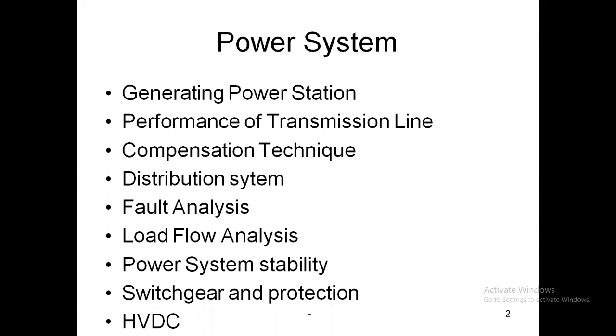Power system analysis is done to improve these performances, like how we can improve the generation, transmission, or distribution performance. So we will be analyzing all these three systems so that we can improve the power system performance.